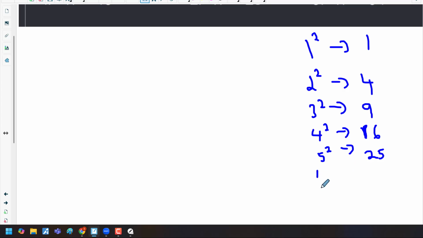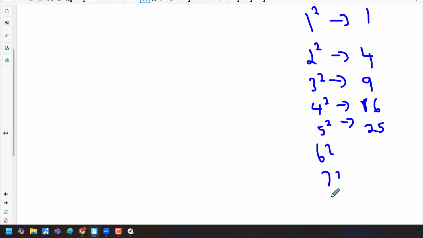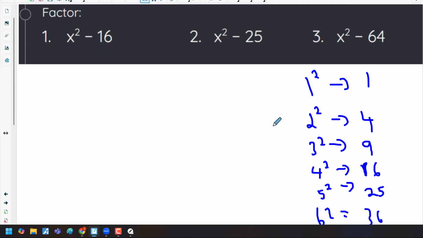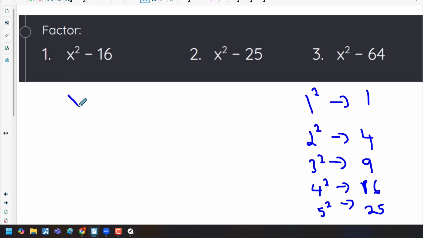I mean, you can keep going. 6 squared, 7 squared, 8 squared, 36, 49, 64, and so on. So very easy to figure it out with a calculator. So 16 is one of these special numbers. That means I can rewrite this as x squared minus 4 squared. Now it looks like a squared minus b squared, right? A is the x, the b is the 4.